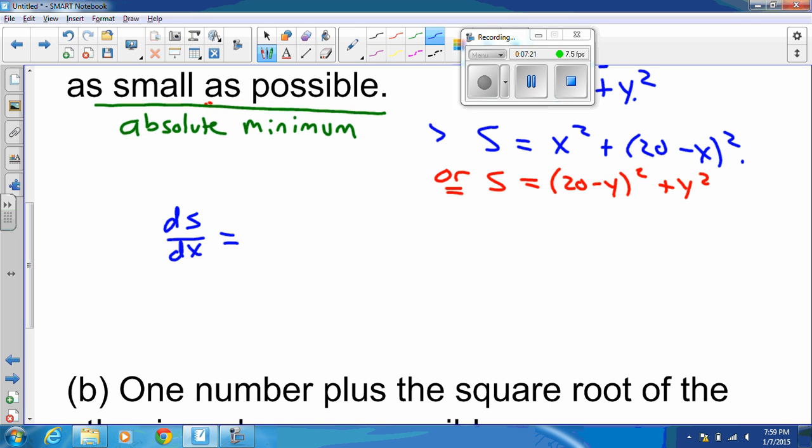ds/dx is equal to, term at a time, 2x plus, and now we remember our chain rule, 2 times (20 minus x) times the derivative of the inside.